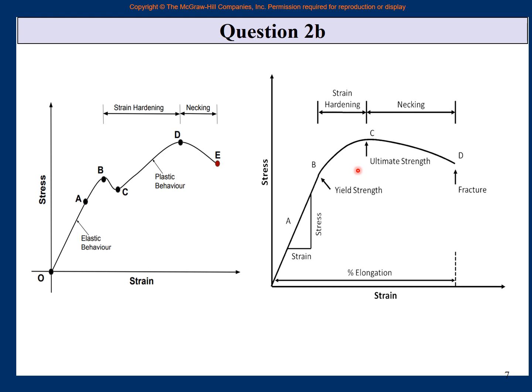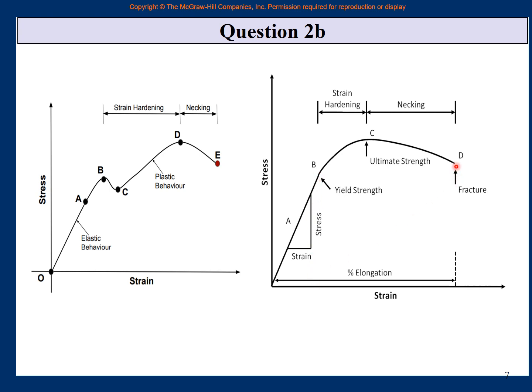But when you want to find the modulus of toughness and resilience, your answer is, for example, that the modulus of toughness is the area under the whole curve, and the modulus of resilience is only the area under the linear portion of the curve. So for modulus of resilience, if this is the end point, draw a line here and all this area will be your modulus of resilience.